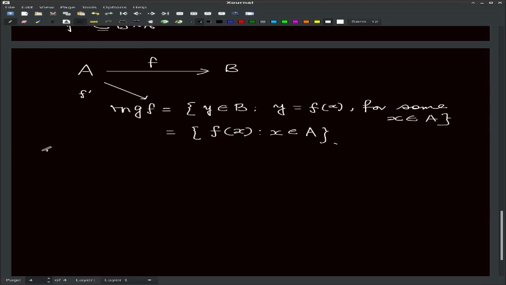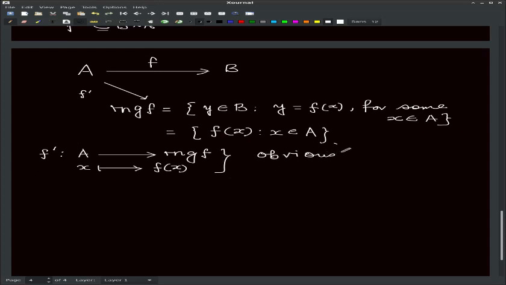And what does f prime do? F prime is this function, so it takes x to f(x). So obviously, as you can see from its definition itself, f prime is surjective.